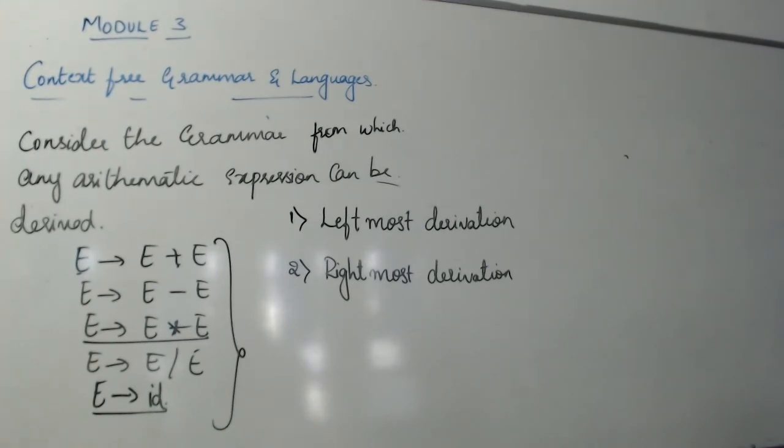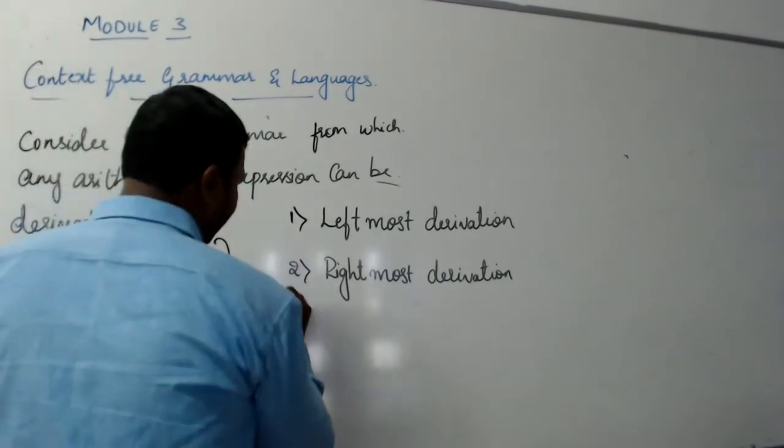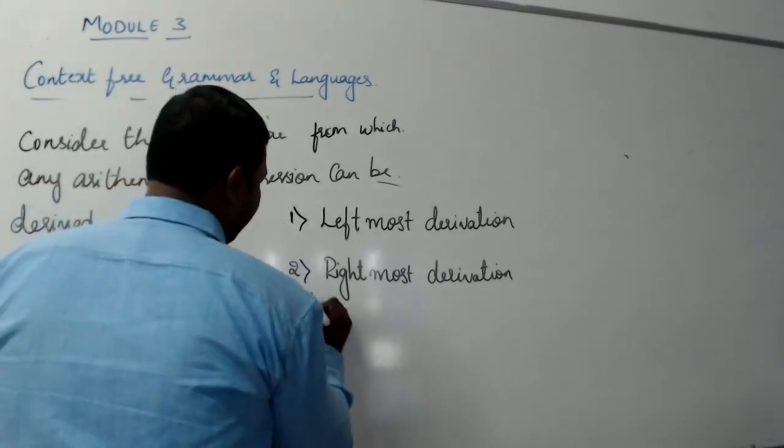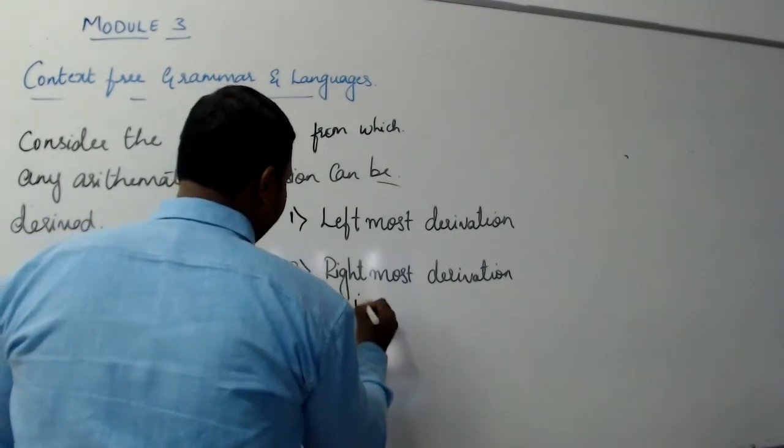So the leftmost non-terminal will be replaced by a terminal in your expression, that is called your leftmost derivation. The previous example that was written is the leftmost derivation. The same example I will take: id plus id star id.